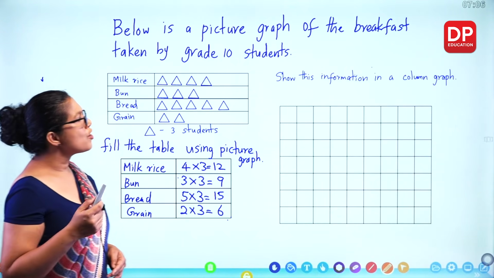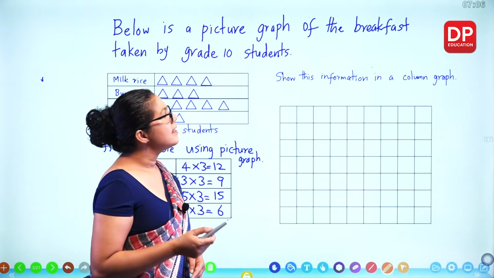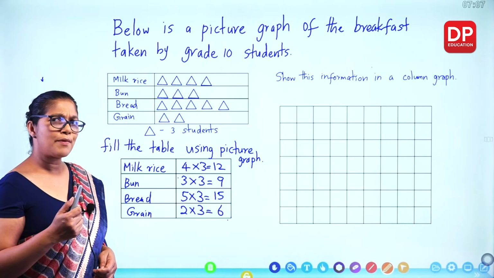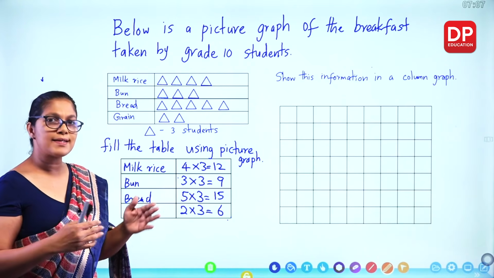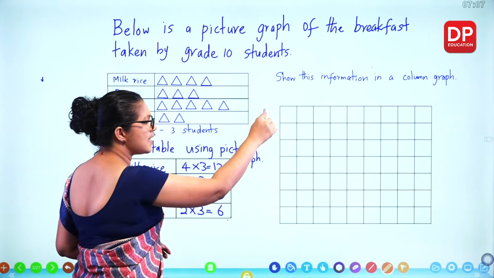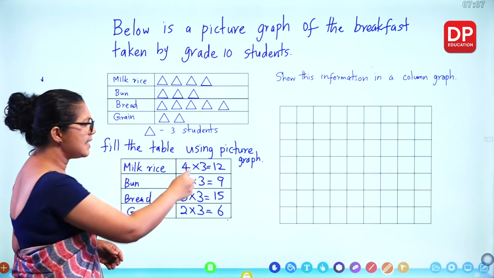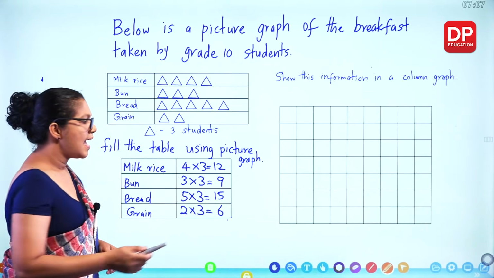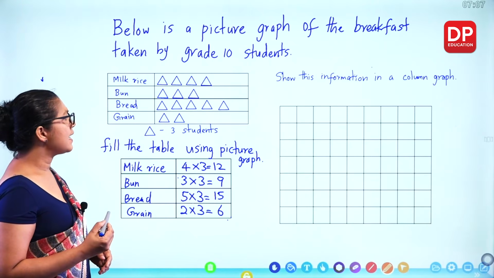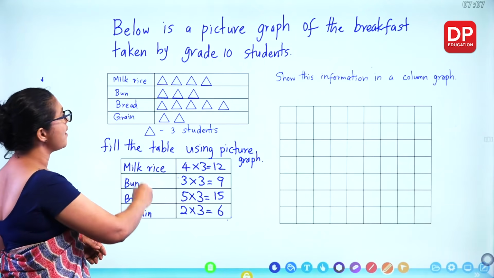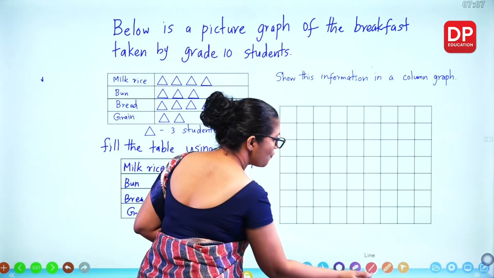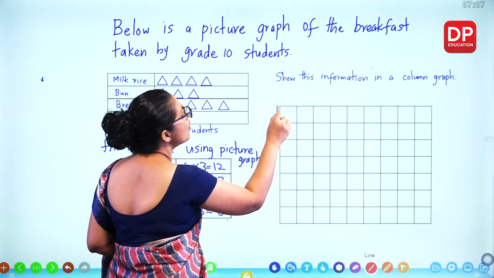So now we want to show this in a column graph. So what is a column graph? You have 2 axes. The y-axis, the vertical one, we can take as the number of students. And what about the horizontal axis? You can take the breakfast type. So here we'll draw first the 2 axes.